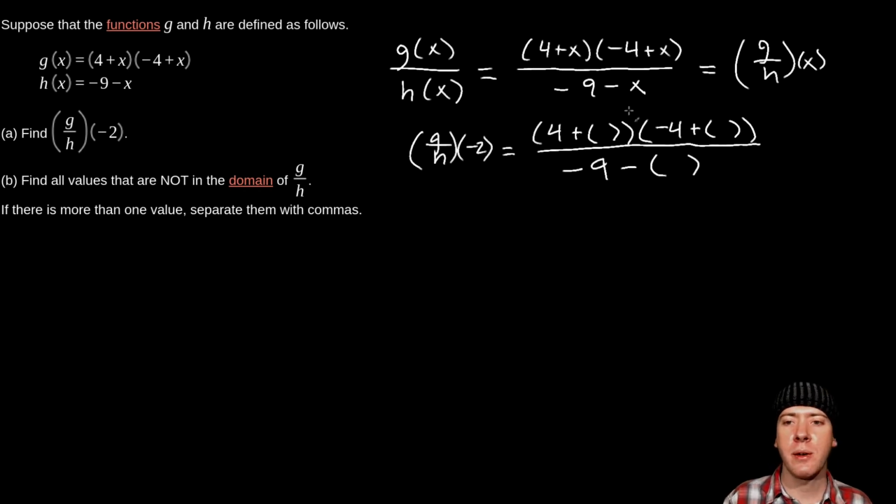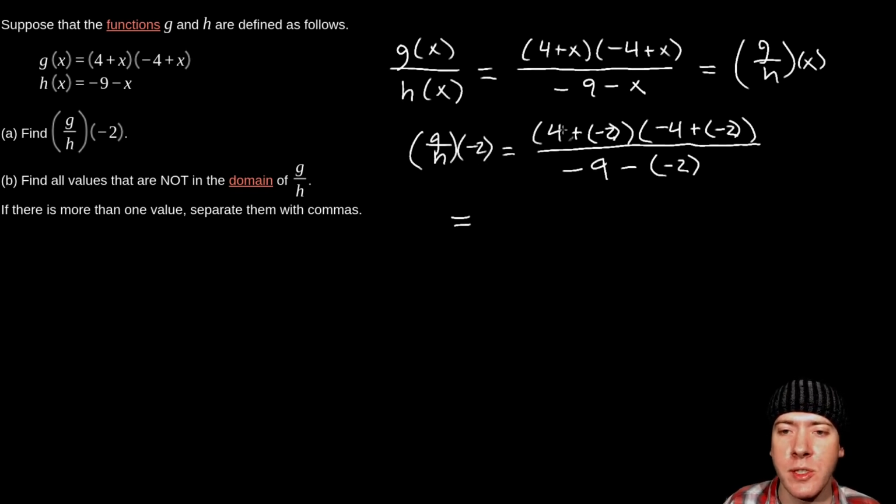Okay, I hope you see how I opened up some little parentheses everywhere that I saw an x. So my next step is going to be to plug the negative 2's into those parentheses right here. Okay, now we need to simplify this as much as possible, but this is our answer. This is the value of the function at negative 2.